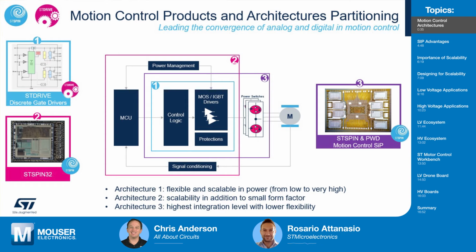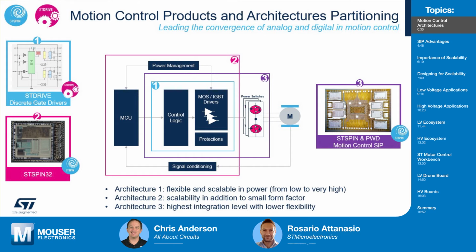But these advantages come with the cost of lower flexibility. In fact, I can no longer work on the gate resistor network because this is also embedded into the power module.